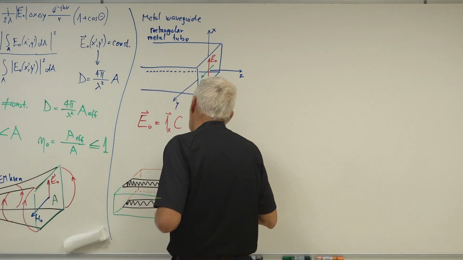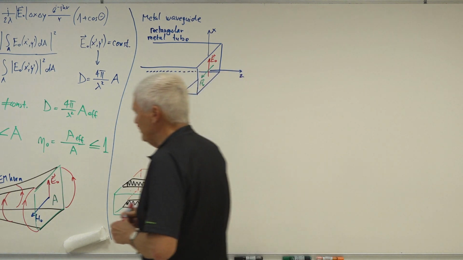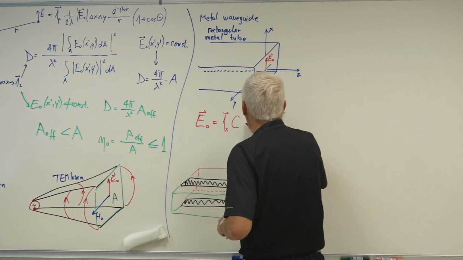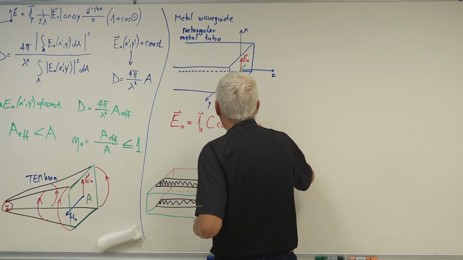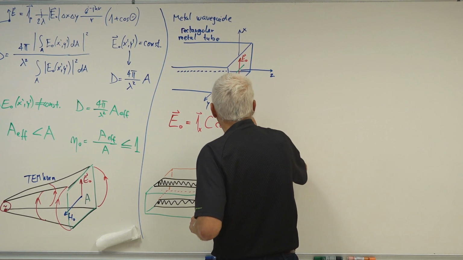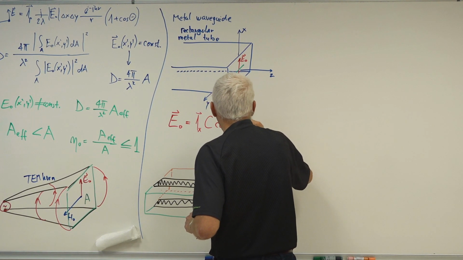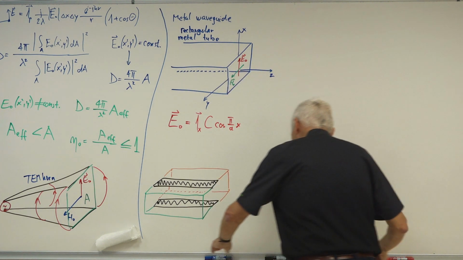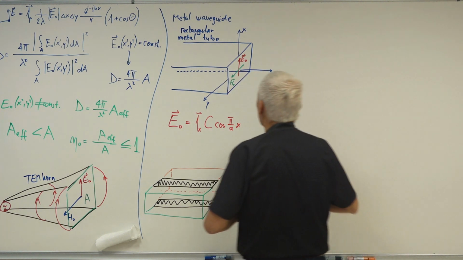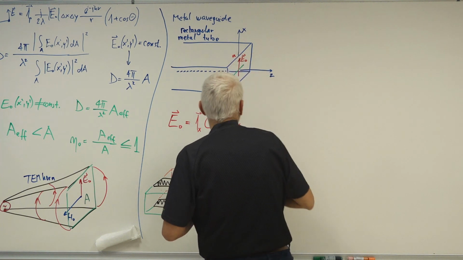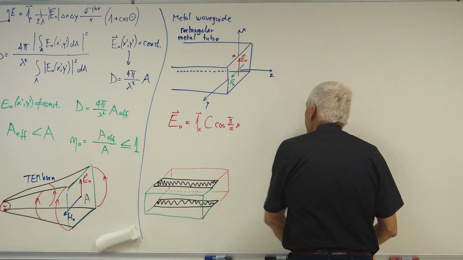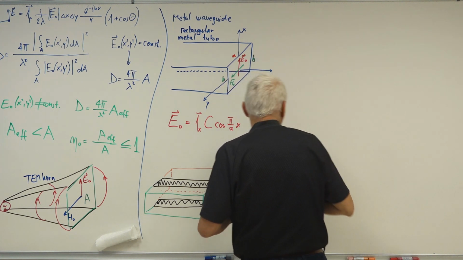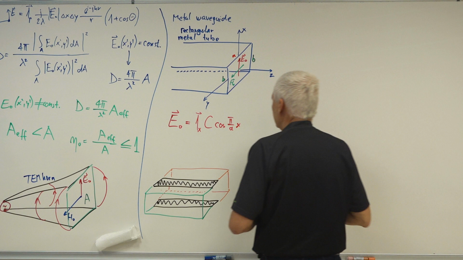It's a constant depending on the power of our generator, times a cosine of pi over a times x, where a is this broad side here. b is the narrower side.